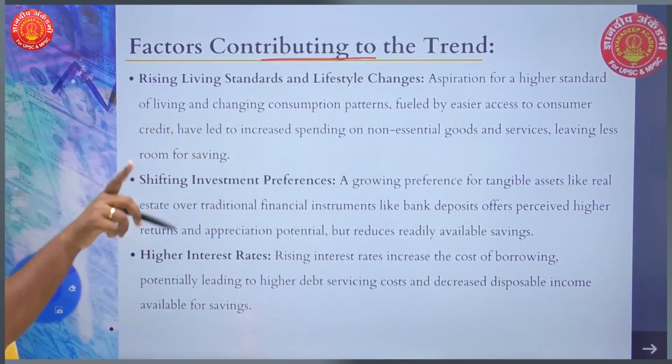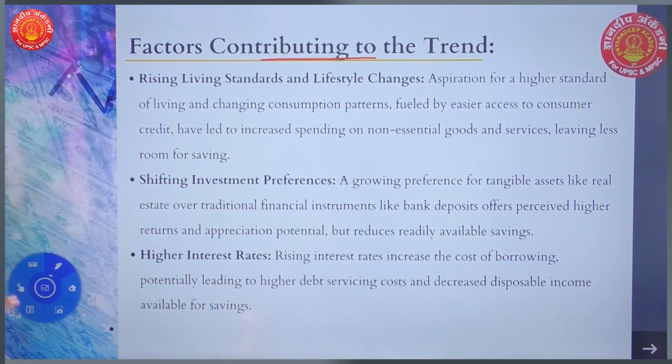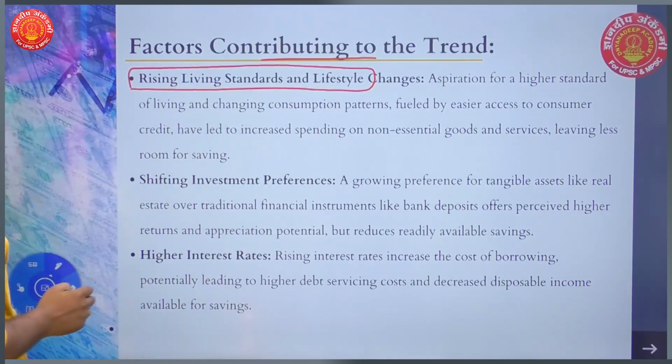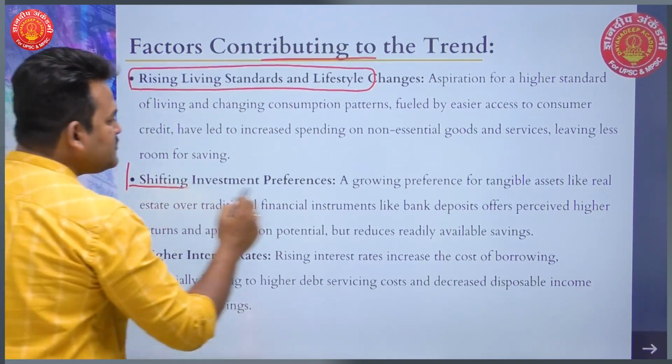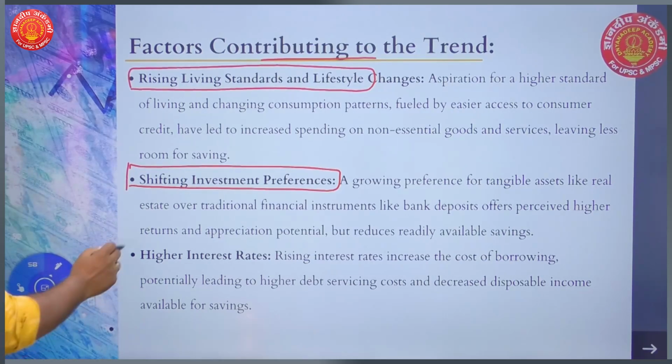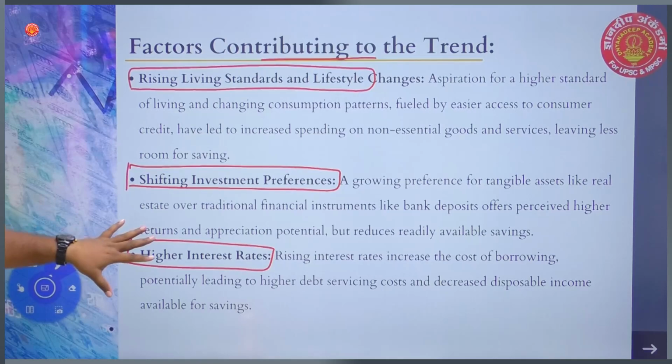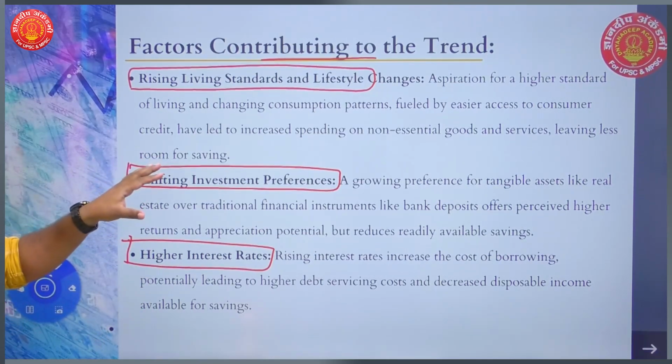When we come towards the body, first address what factors are contributing to this trend. There are three major factors that are contributing to reduced household saving. First factor is rising living standards and lifestyle changes. Second factor is shifting investment preferences. Third factor is higher interest rates. Because of these three factors, household savings are dwindling, right?